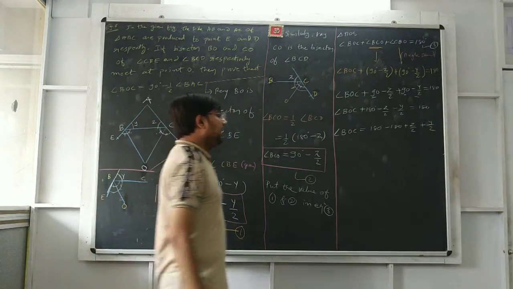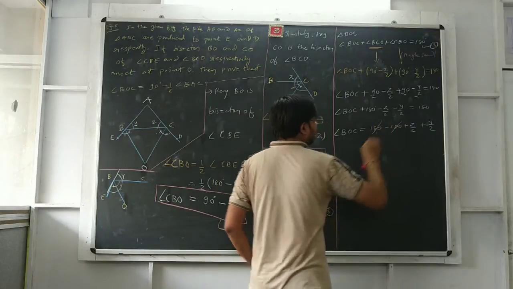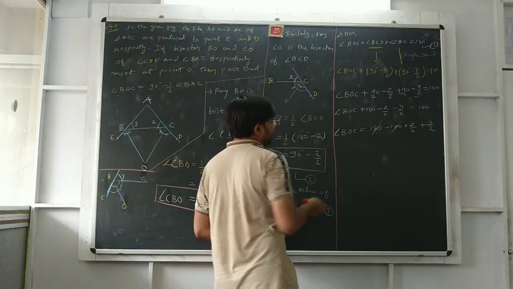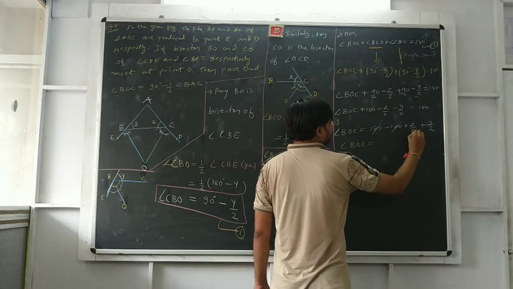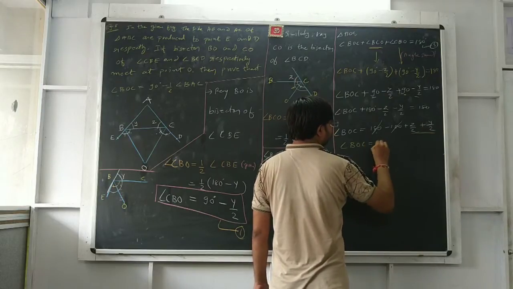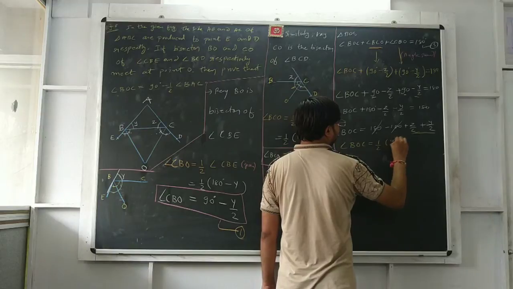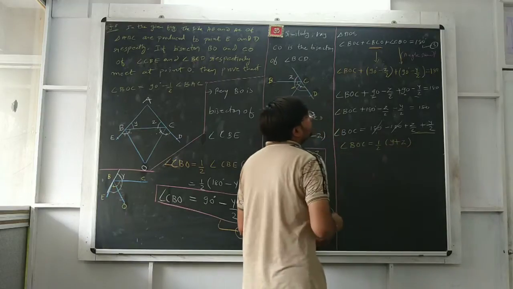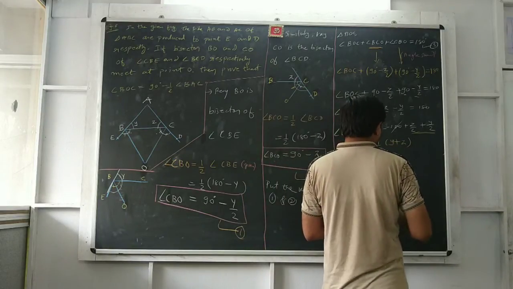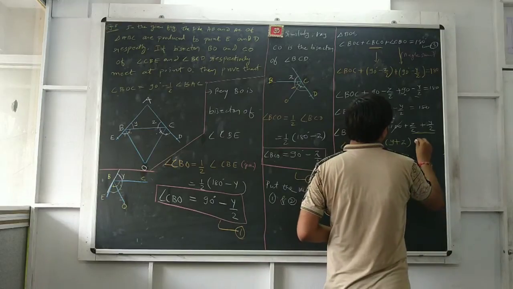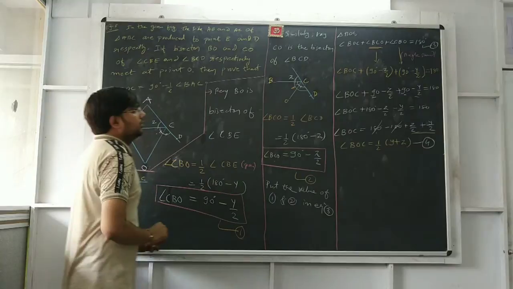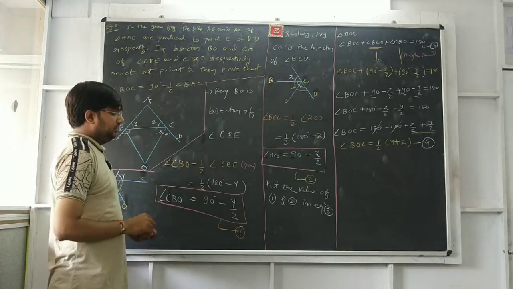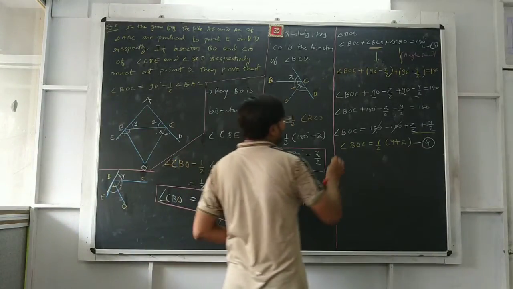Now 180 cancels. Then we can get angle BOC is equal to, putting 1 by 2 common, y plus z. This is the equation number 4. Got it? These are all the steps.